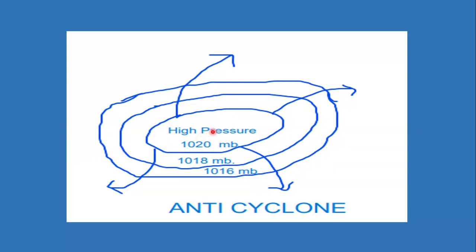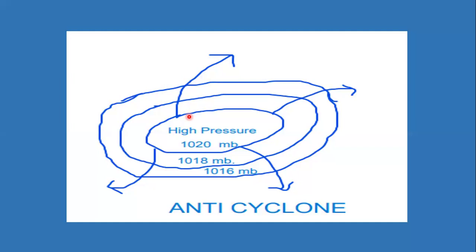So the winds from the high pressure area move towards the low pressure areas from all the directions. The winds move outwards, and a progressive rise in pressure on the barometer indicates the approaching anticyclone.